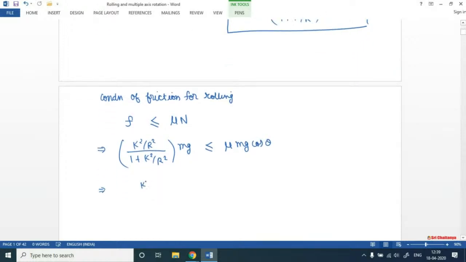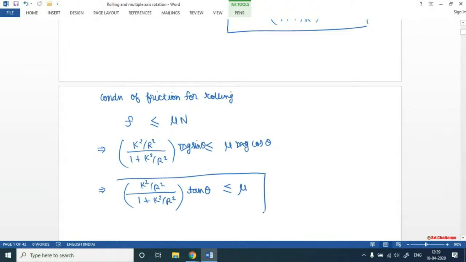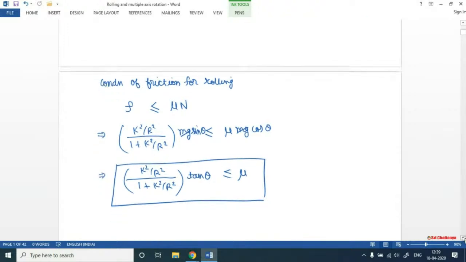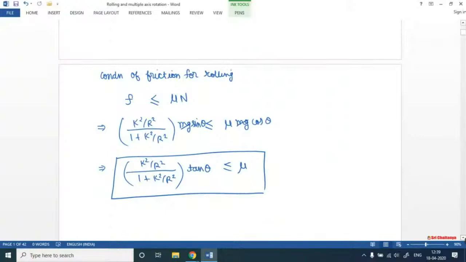That gives us k square by r square upon 1 plus k square by r square, and that was mg sine theta, sorry. So mg and mg will get cancelled, and it would become tan theta, and that quantity has to be less than or equal to mu. If this condition is met, then only we will be able to say that friction is sufficient for rolling.